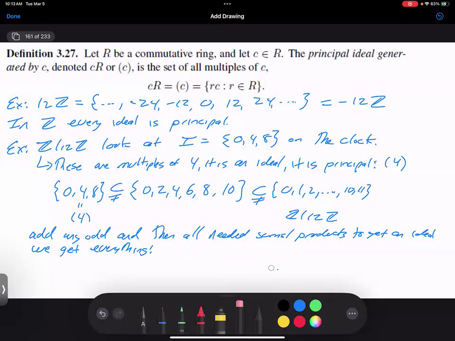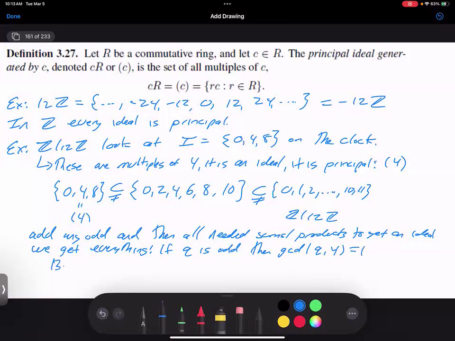So if Q is odd, we only have multiples of 4, then what's the GCD of Q and 4? 1.